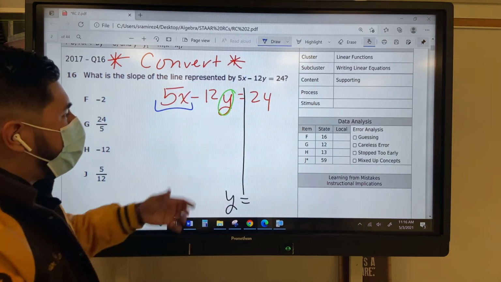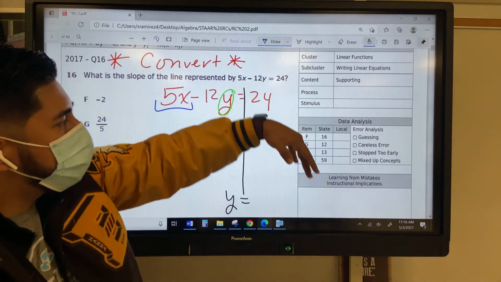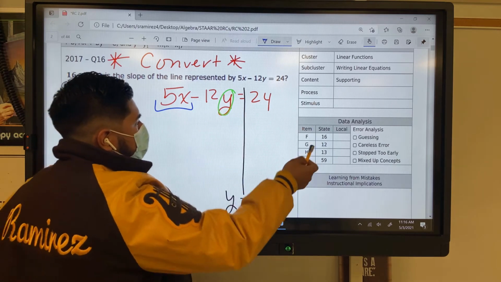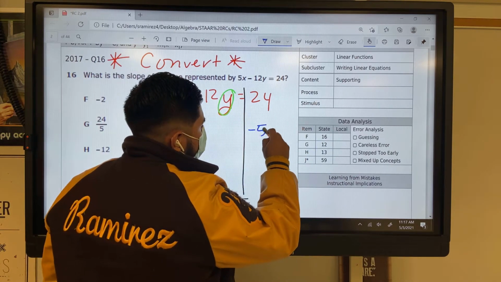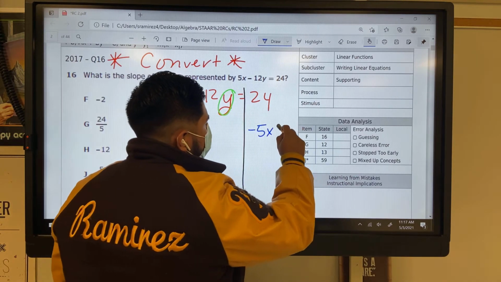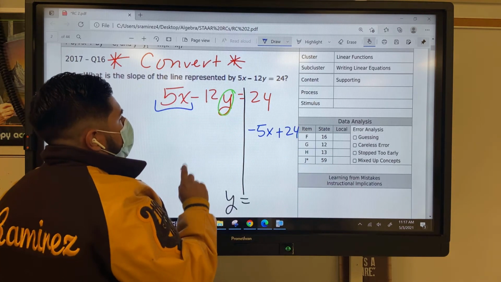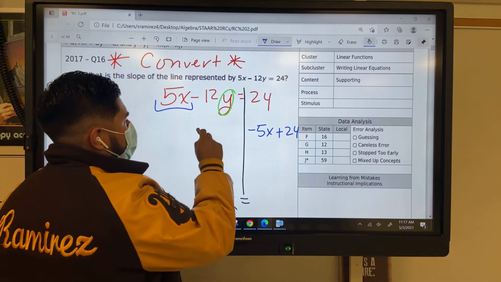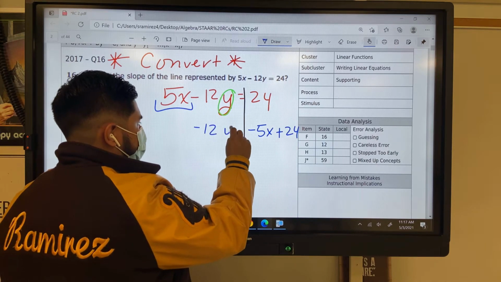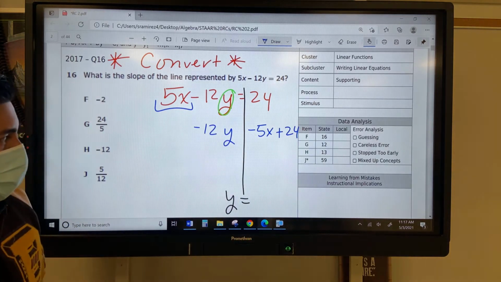5x jumps over there. I only need the y on this side. Throw it over. 5 turns into negative 5. Bring down the 24. It's positive. Bring down this 12y, but don't forget the minus stays with the 12, so it's negative 12y. What do I do next?